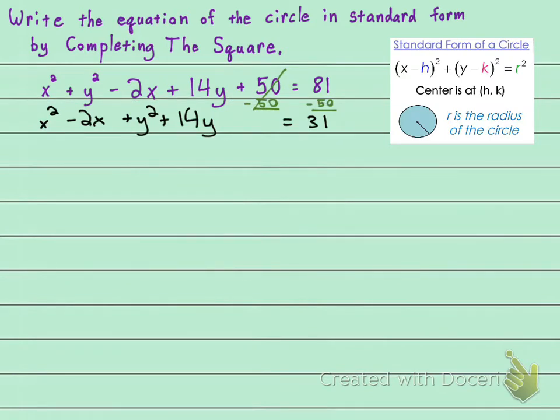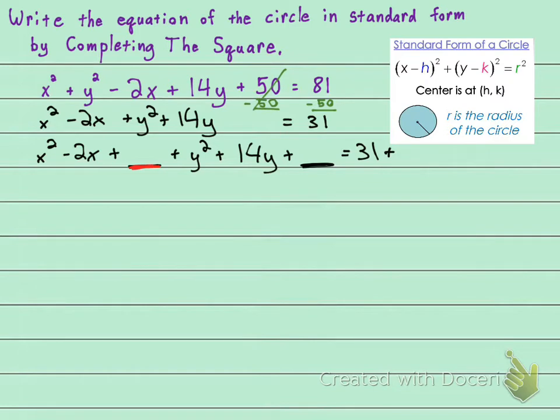I'm going to write down x squared minus 2x plus blank, plus y squared plus 14y, plus blank, equals 31.